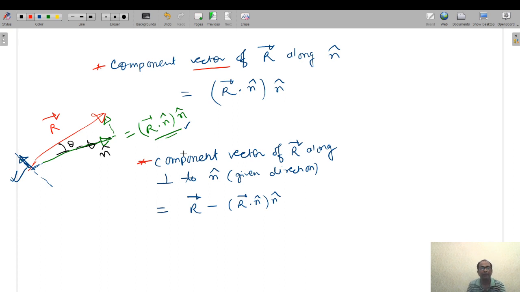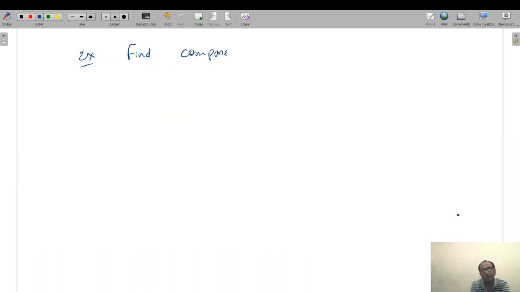ठीक, एग्जाम्पल करते हैं. Find component of a vector say r, 3i plus 4j, along some vector a which is i plus j.